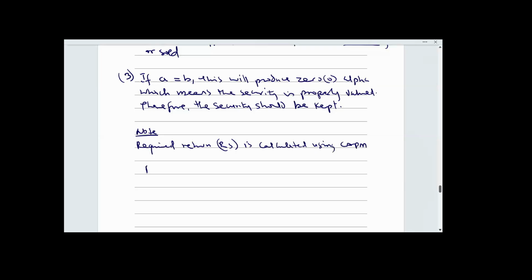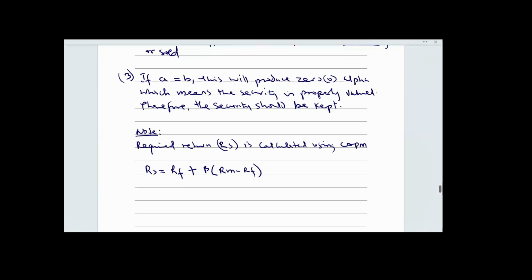That is RS equal to the risk-free rate of return plus beta into market return minus risk-free rate of return. Now, on the day of your exam, if you are given any question and you are asked to calculate alpha value, the first working that you are going to do is to calculate your beta value.